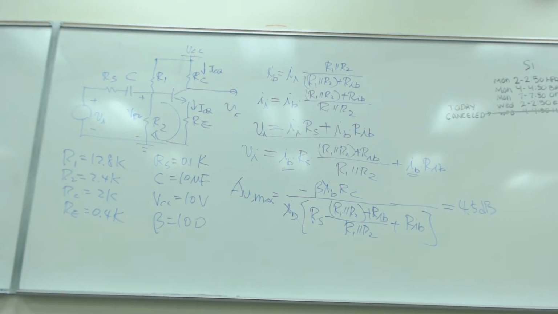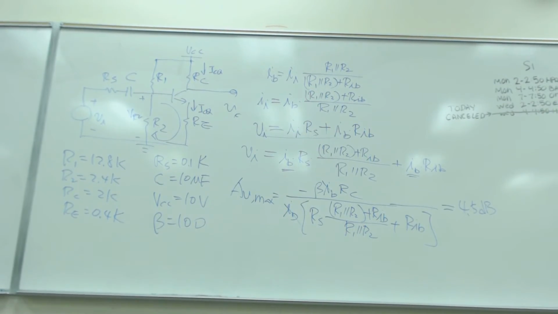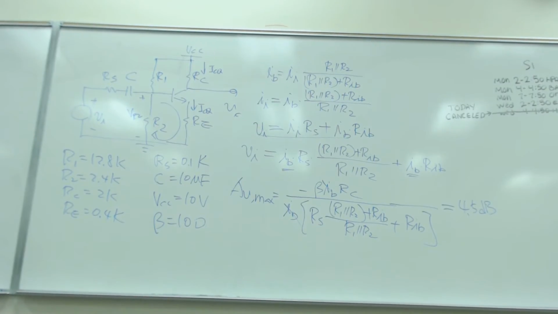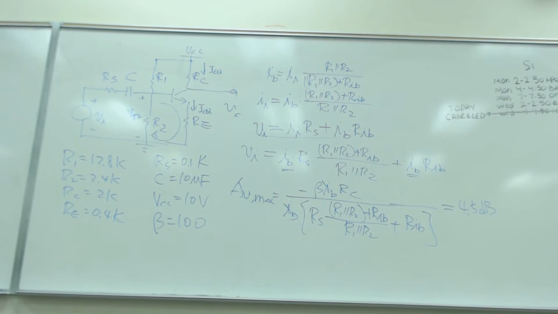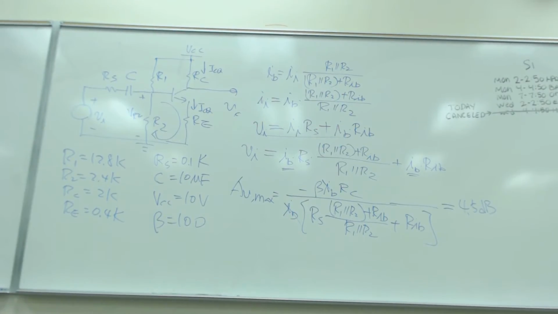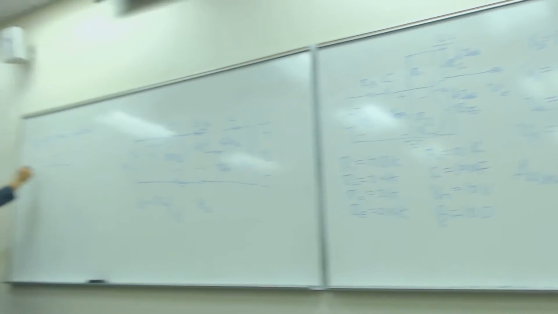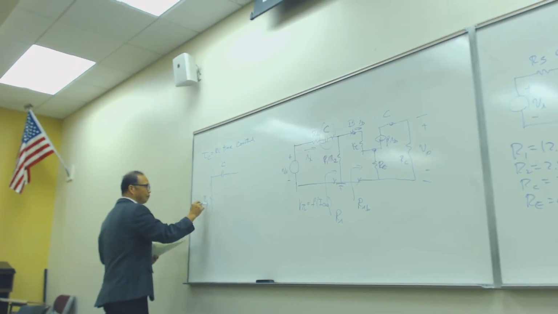So there is a time constant associated with the capacitor, right? Okay, tau associated with capacitor is called the RC time constant. Yes. So if you look at C, and you look at what is the equivalent resistance on the left hand side. What is it? It's R sub S, right?